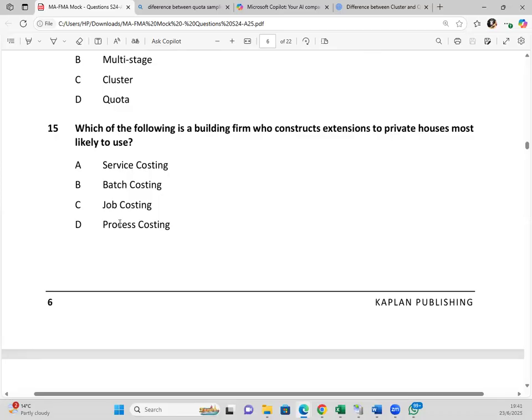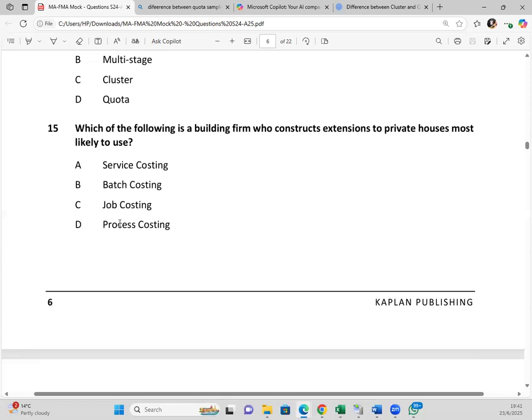Which of the following is a building firm who constructs extensions to private houses, most likely to use?